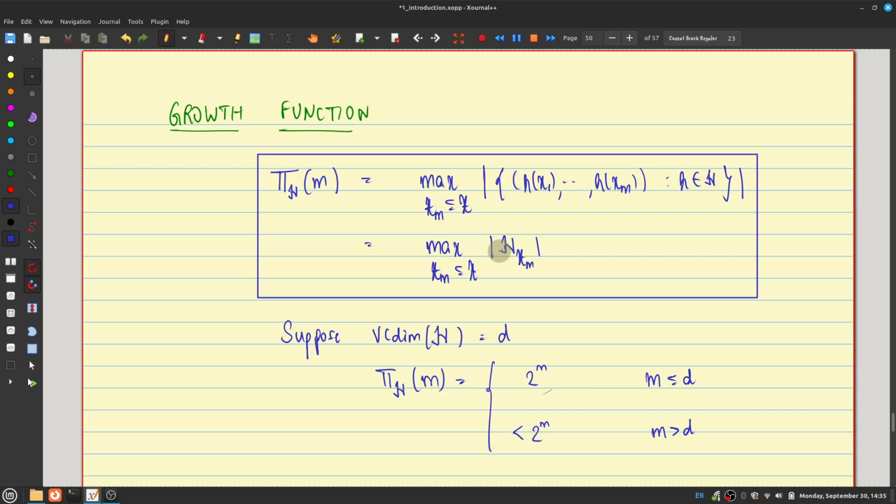And as we saw, if the VC dimension of a hypothesis class is d, then the growth function is equal to 2 to the power m if m is less than or equal to d, and it is strictly less than 2 to the power m if m is greater than d.